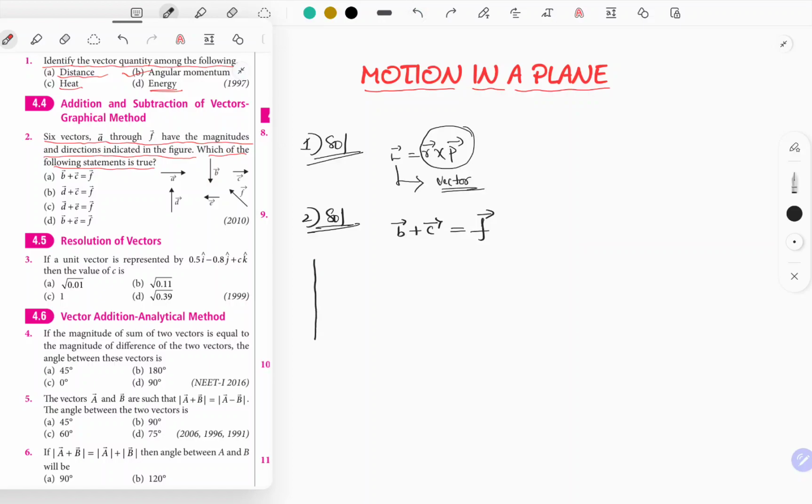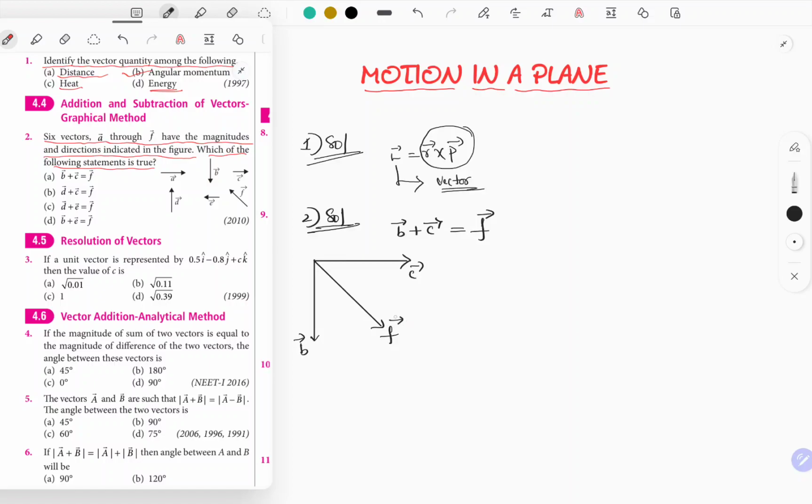B bar vector is downward. What about the C bar vector? The C bar vector representation is towards right. And the resultant vector must be in between them. Let's say this is the B bar vector and this is the C bar vector. The resultant vector must lie in between these two vectors. So this is going to be the F bar vector.